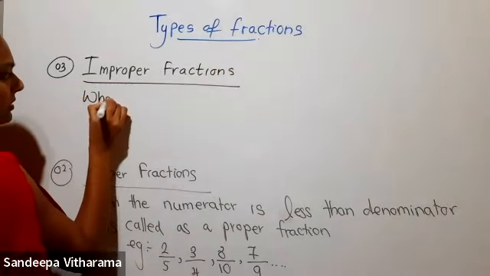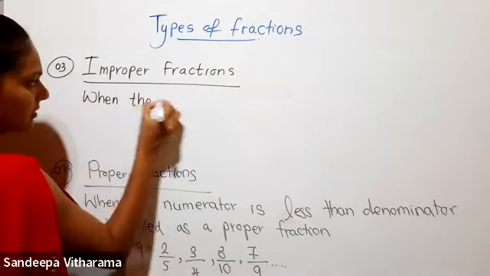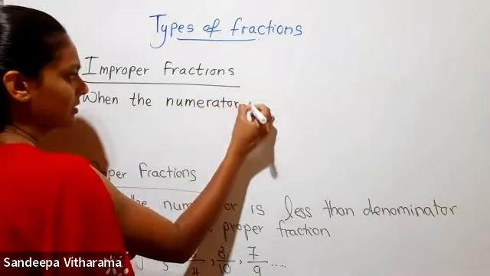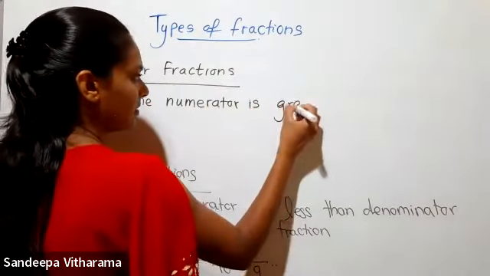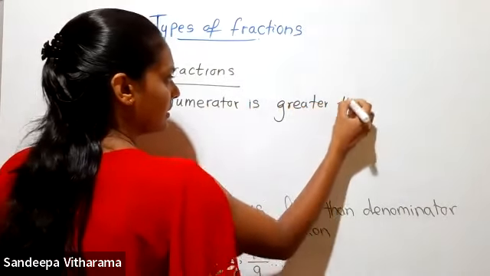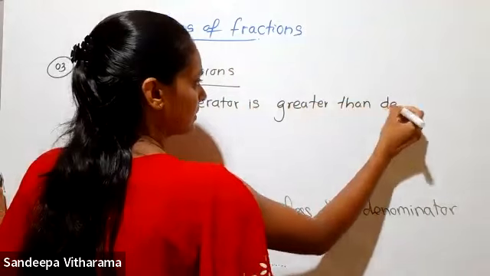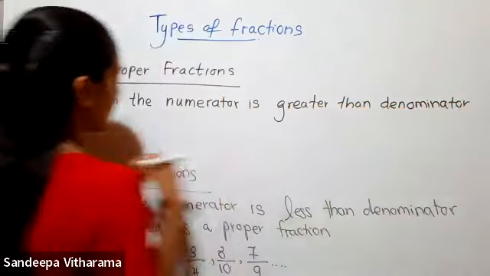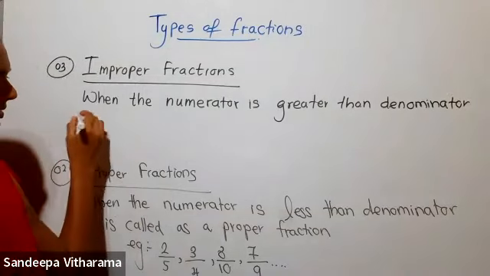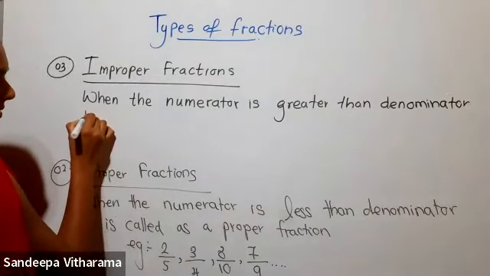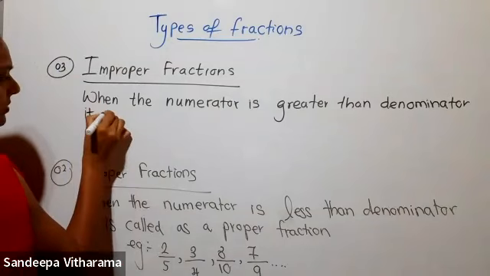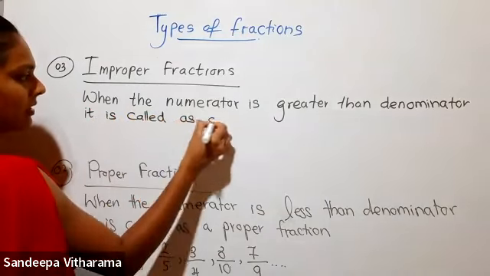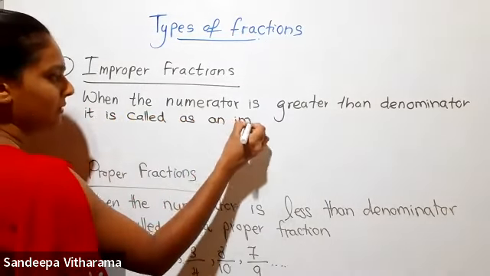When the numerator is greater than the denominator, then it is called an improper fraction.